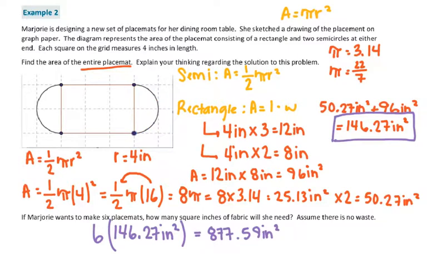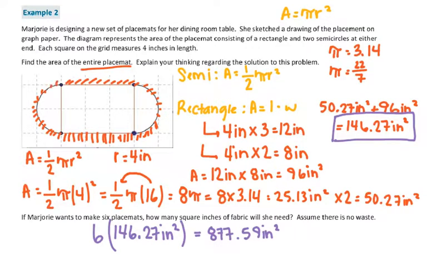Okay. Now, we just found the area, which was the entire inside of these shapes combined together. Now she wants to put something on the outside of these shapes, kind of add extra, maybe frilly material. Sometimes we see frillies on the end of a placemat, or some kind of band.